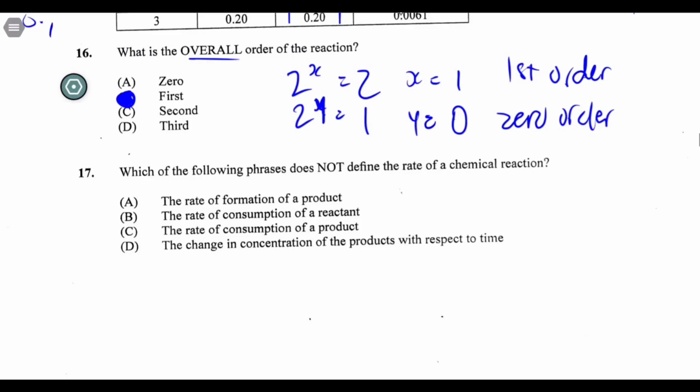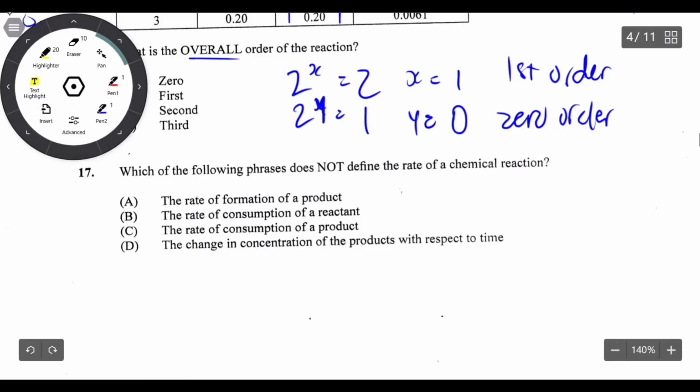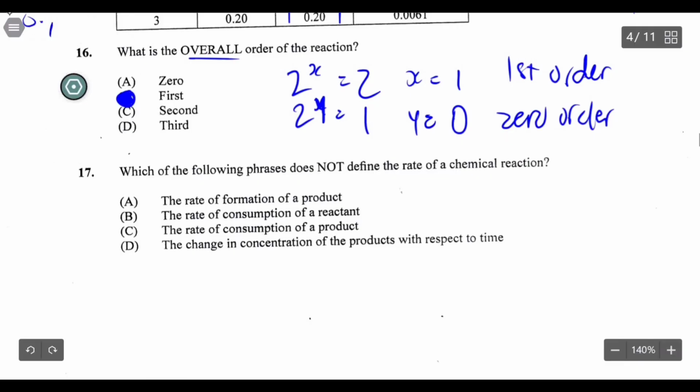That can be used to define the rate of reaction. B says the rate of consumption of a reactant. That sounds feasible. C says the rate of consumption of a product. No, that sounds kind of weird to me because products aren't consumed. Unless it's a reverse, let's not go there. Now, the change in concentration of the products with respect to time, that's most definitely it. So 17 is C.